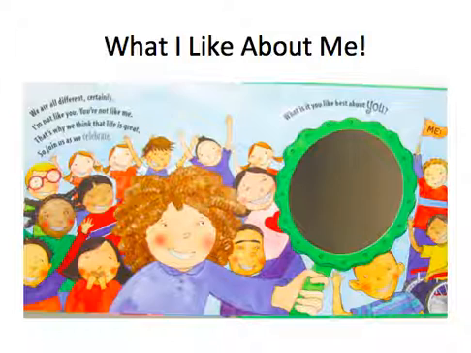So what type of book can we classify this book as? Well, we notice that there are characters of many ethnicities, colors, curly hair, straight hair, eating different food. They're celebrating unity.